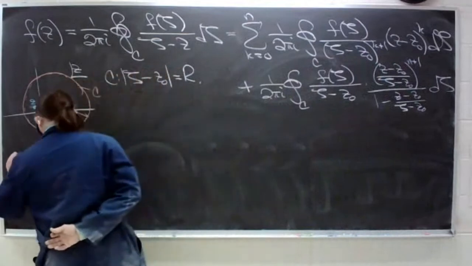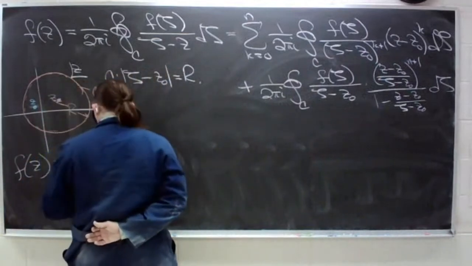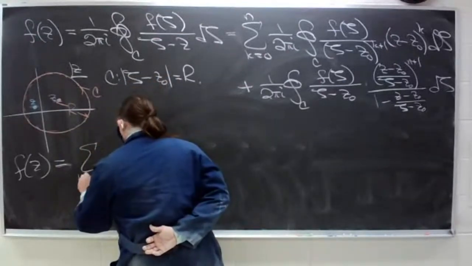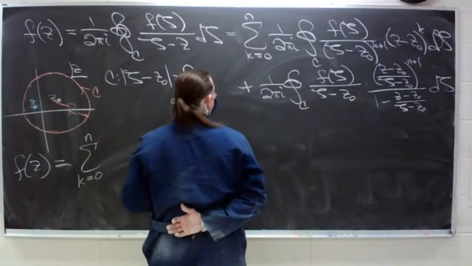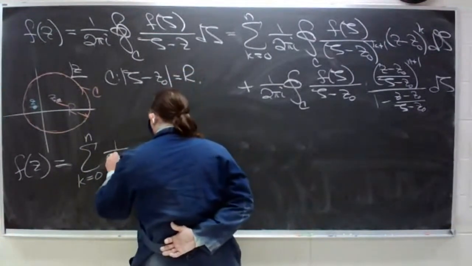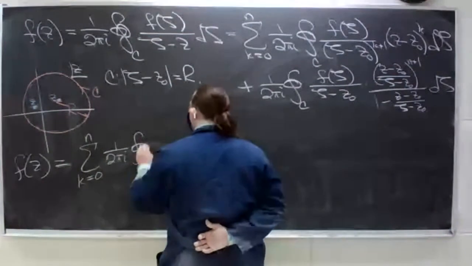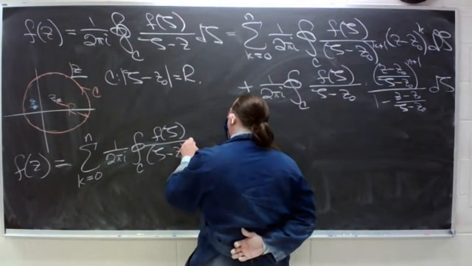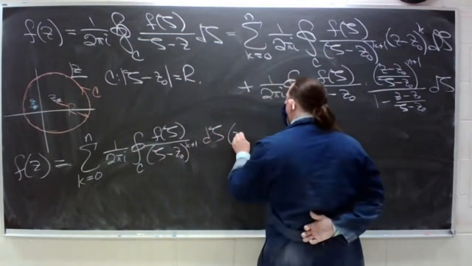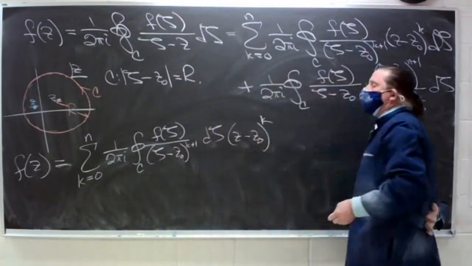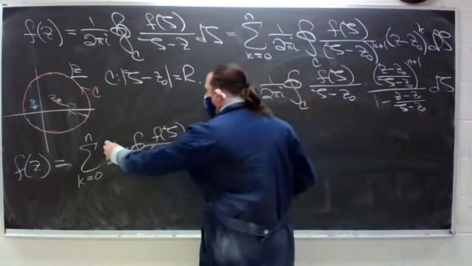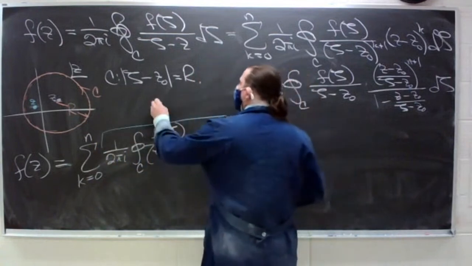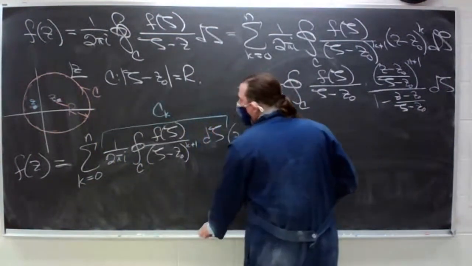So that means that I can write f of z as the sum from k equals 0 to n of this piece, which looks a lot like a coefficient, we're going to call it c_k.